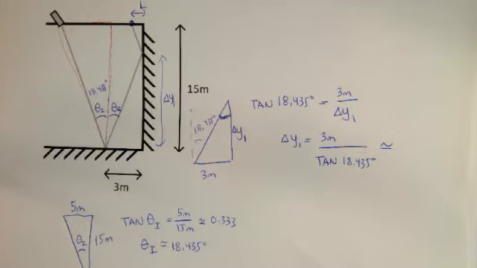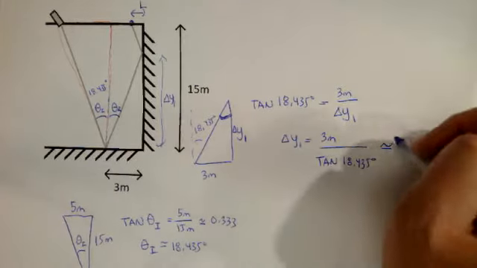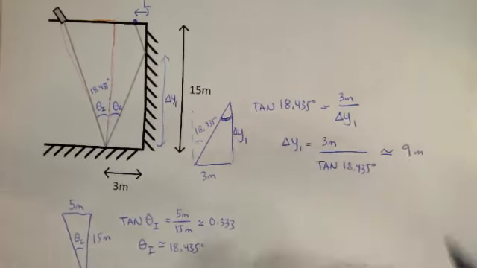I don't know why I needed a calculator because we just inverse tangent this, but oh well, it's done now. That implies that delta y1 should be 9 meters.